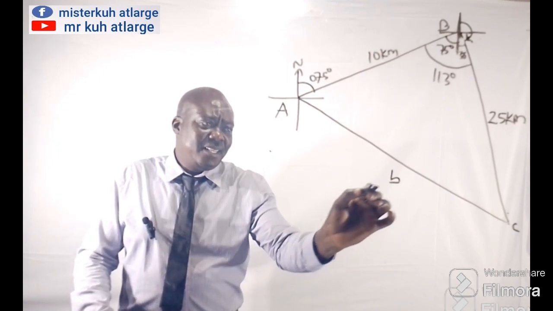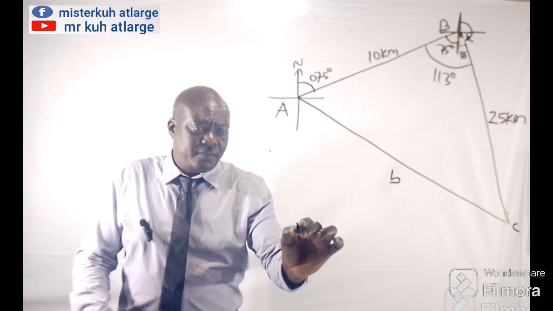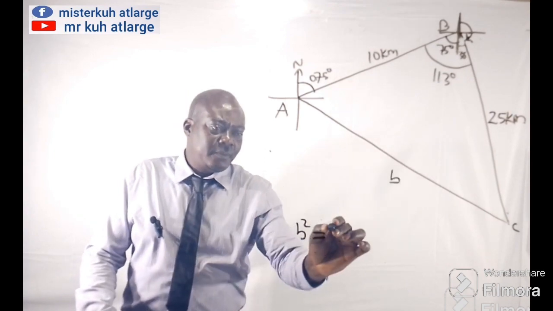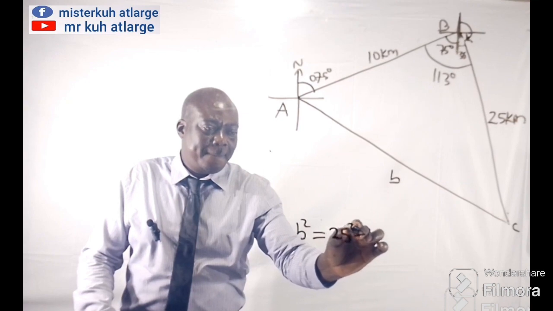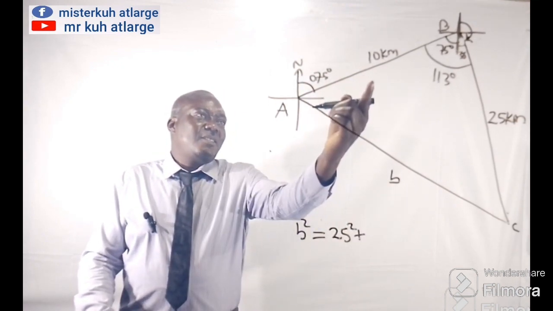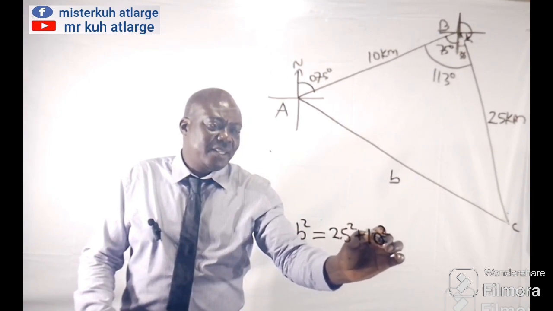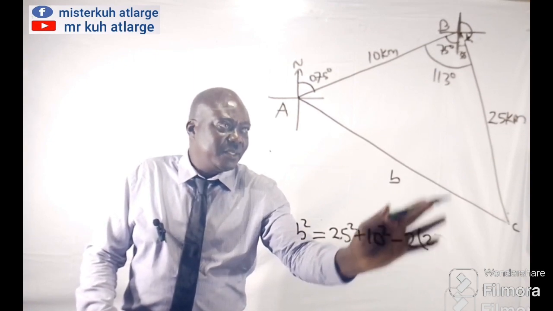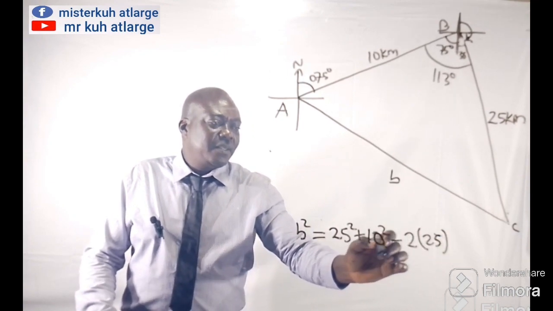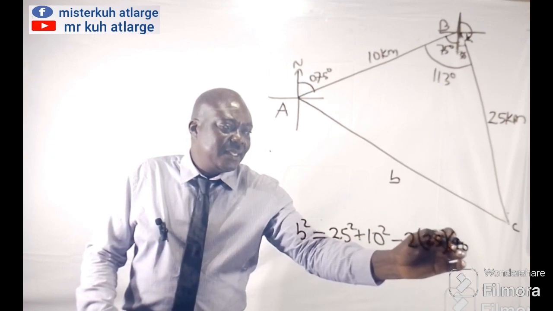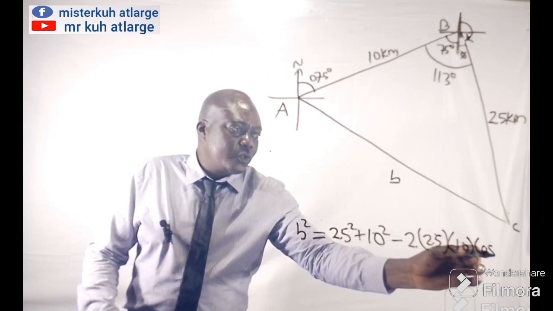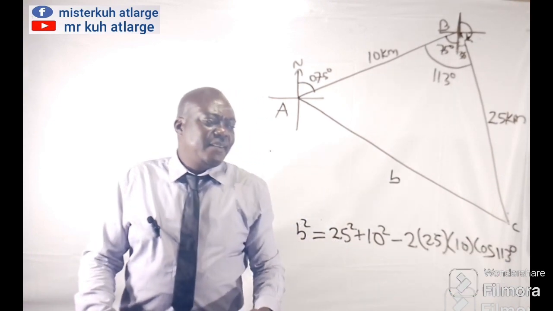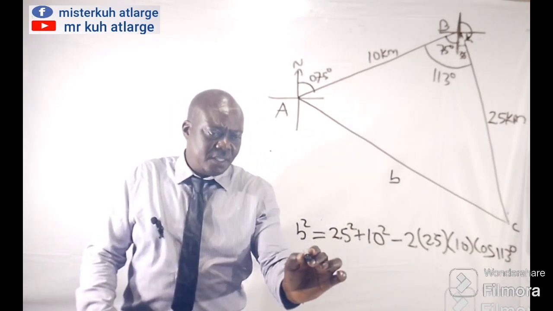So now we apply it here. b squared, that's what we are looking for. b squared will now be equal to a squared, where a squared is 25 squared, plus c squared, that is 10 squared, minus 2bc, minus 2 times 25 times 10 times cos 113 degrees.